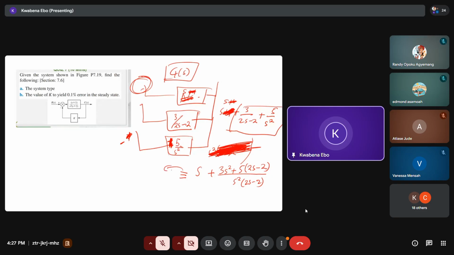So that means the whole feedback system will be s cubed multiplying 2s minus 2, plus 3s squared plus 5 multiplying 2s minus 2, all over s squared times 2s minus 2.